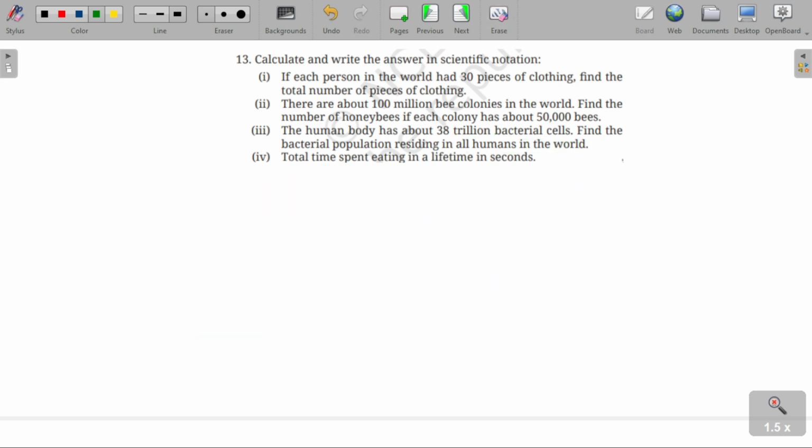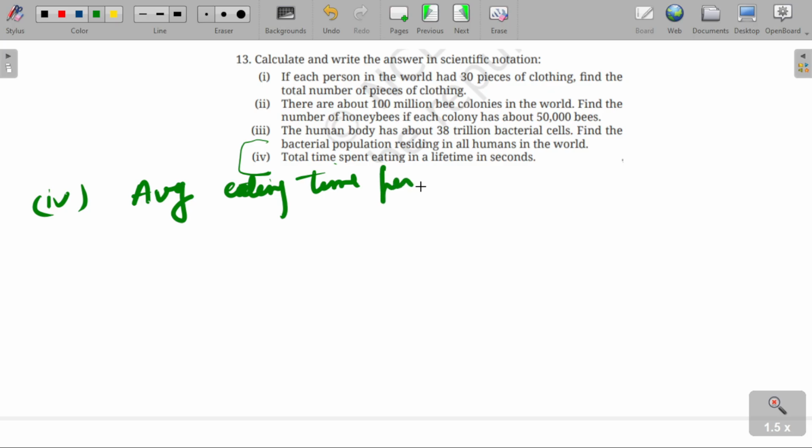Last part. The time spent eating in a lifetime in seconds. Okay, fine. So according to studies, the average eating time per day is 1.5 hours.